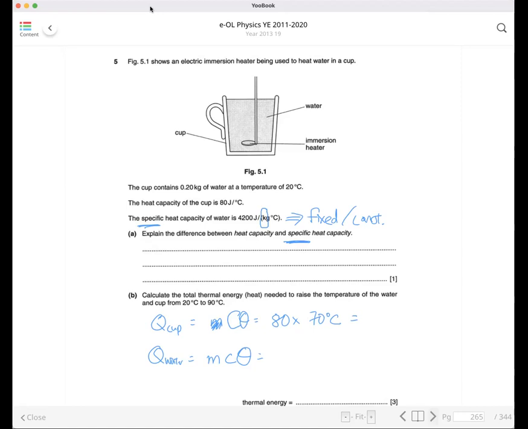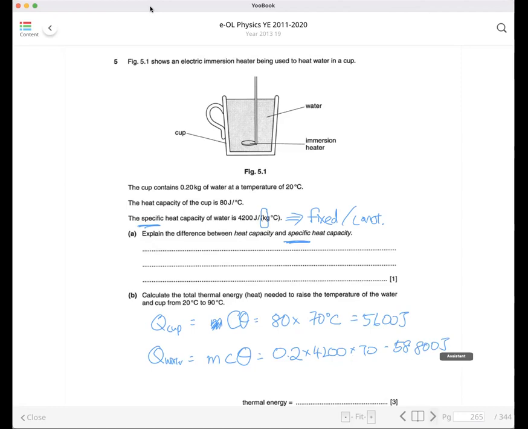Okay, Bei Kuan, you think any help here? So 80 times 70, you will get 5600 joule. Therefore, here mc theta, the amount of liquid is 0.2. The c is 4200 and it's 70 degrees. So what's the answer for this? 58,800.